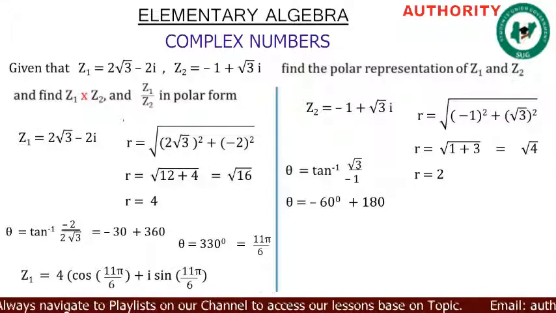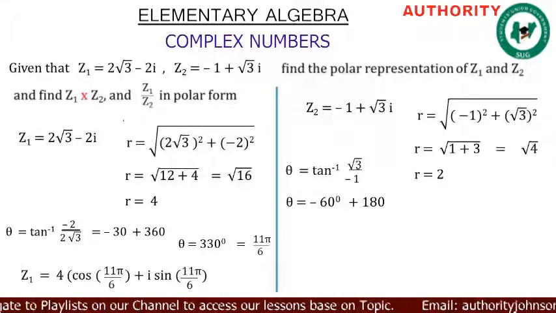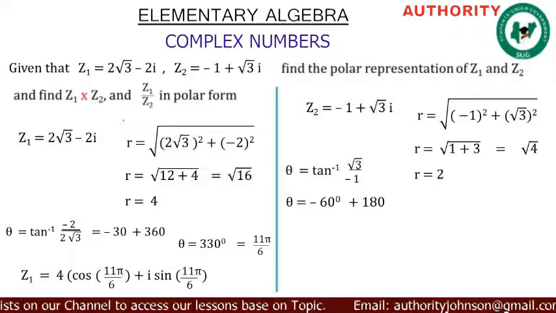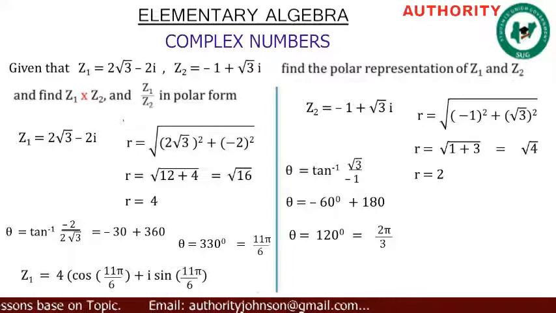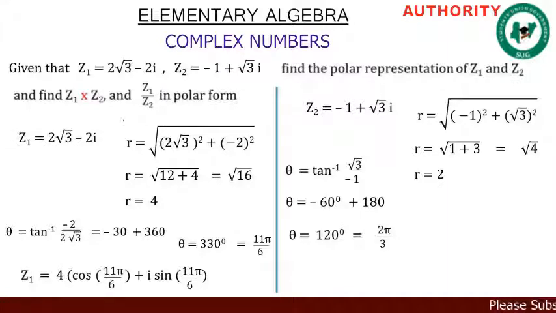This is a negative angle, so for us to have a positive angle, we add 180 degrees. Minus 60 degrees plus 180 degrees gives us 120 degrees. Let's also change this to radian, and we have 2 all over 3 pi.